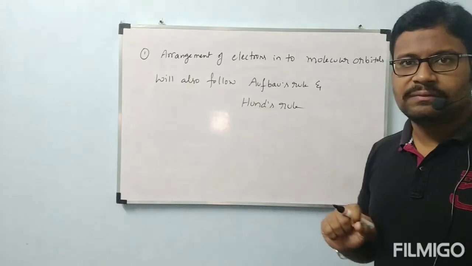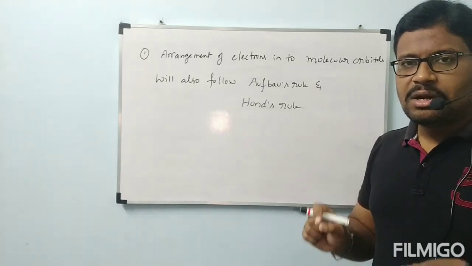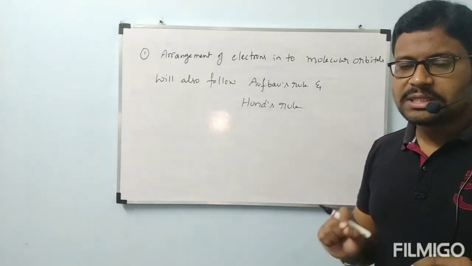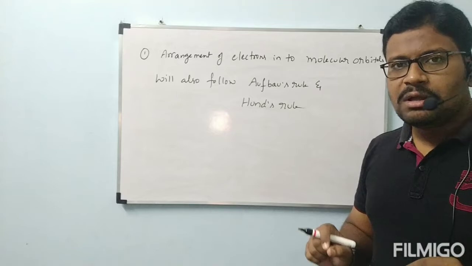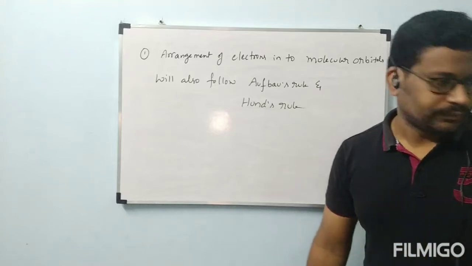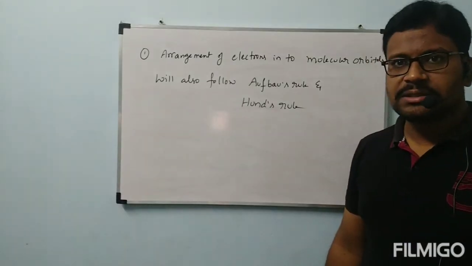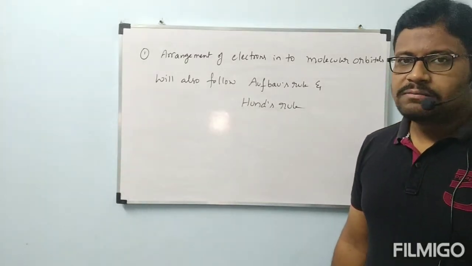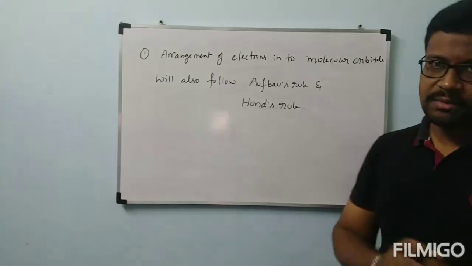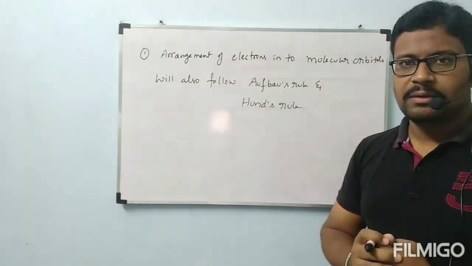That is called Hund's rule. So to fill the electrons into molecular orbitals also, we have to follow Aufbau's rule and Hund's rule. This is the first point.